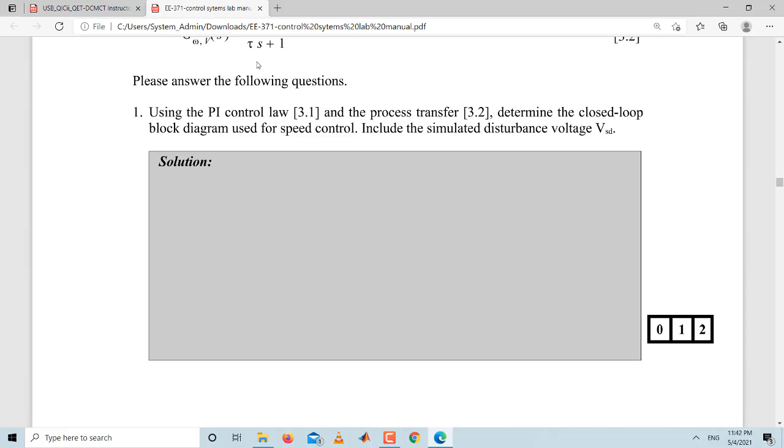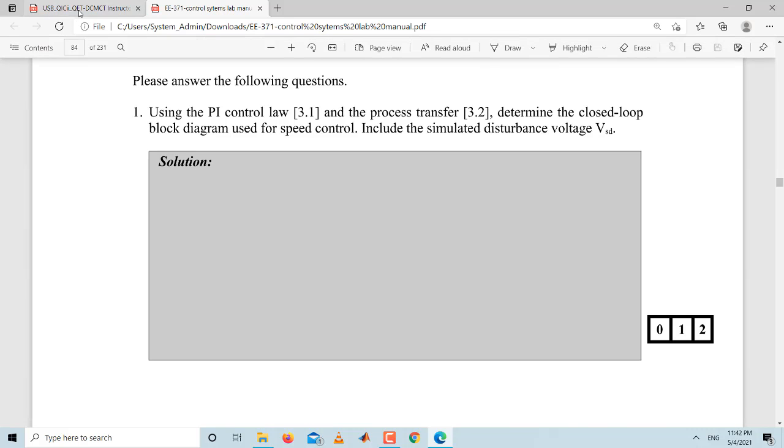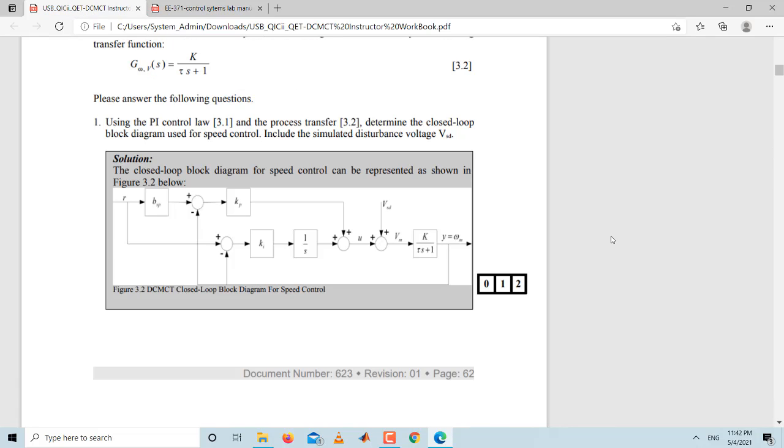Now you just have to draw the block diagram. So this is the solution to the question. And why do I want you to see this? Because you can be given a similar question for different specifications and for different equations, and you have to develop this yourself.